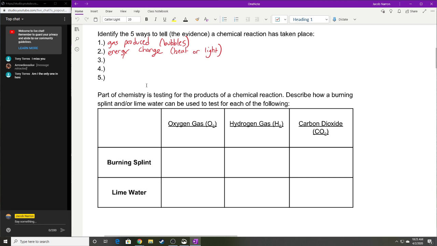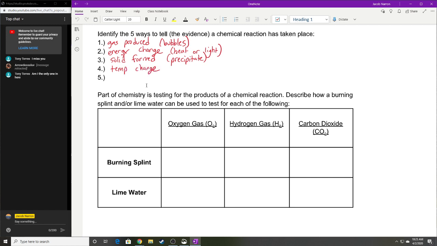Thing number 3, I'll go back and read it from the notes again. It says solid forms. In other words, you're going to have a precipitate, a solid formed. And we've talked quite a bit about precipitates at this point. Next thing, you can have a temp change.